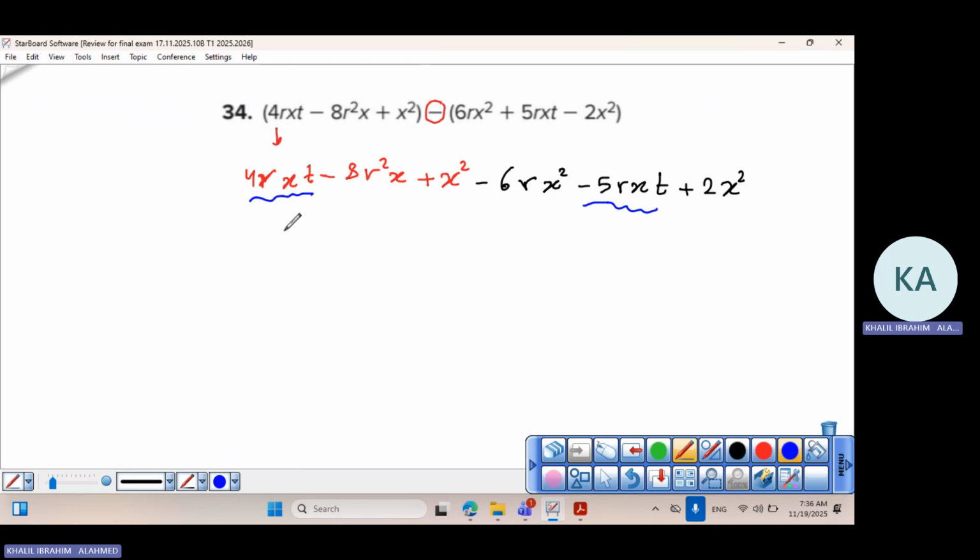The answer is negative rxt. Also here, as you see, 8r negative 8r square, yes, but here negative 6r, no, not the same. We have here also 6r x square.